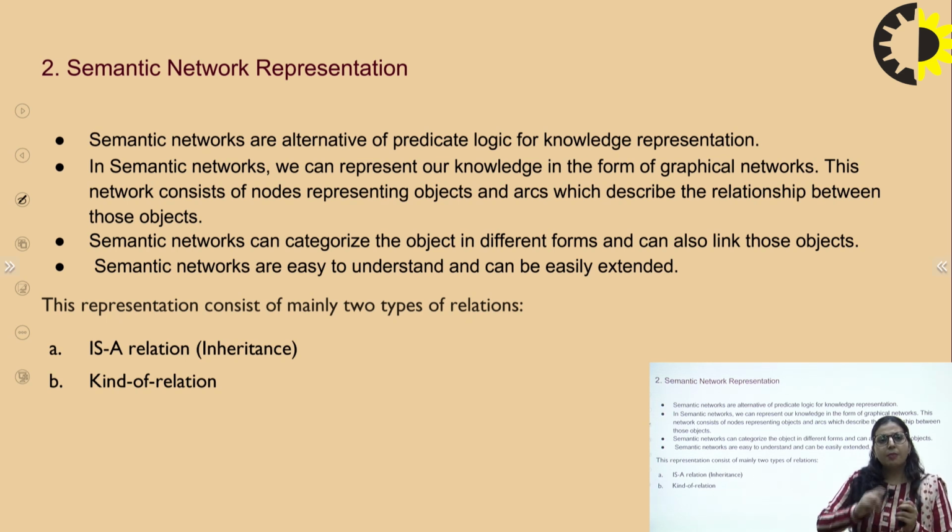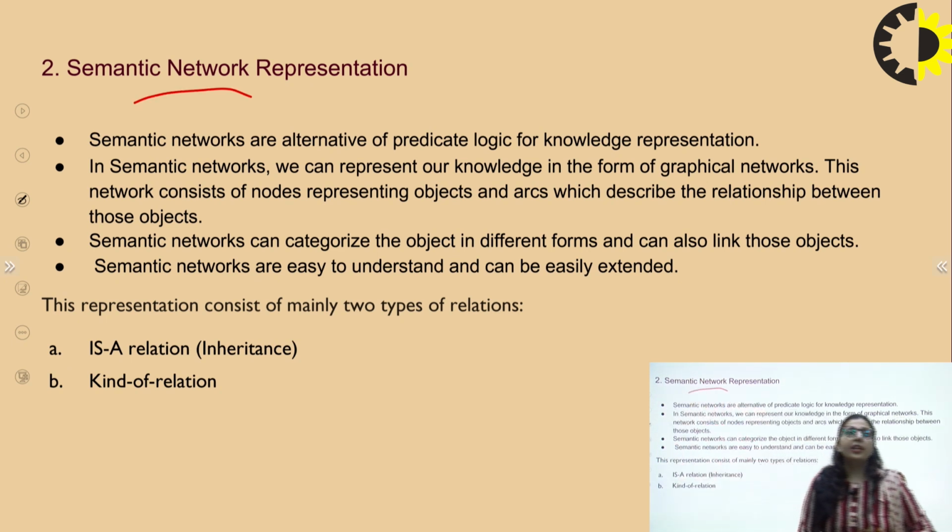It has some arrows that represent the relation between those entities or objects. So when we are representing the knowledge in a graphical form, using trees or graphs, then we can say that it is a semantic network knowledge representation technique.